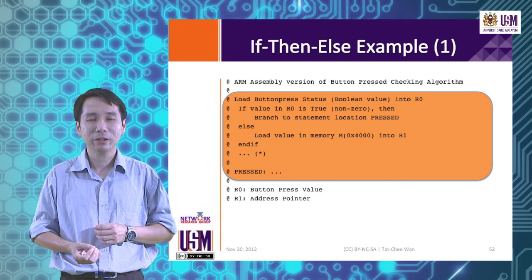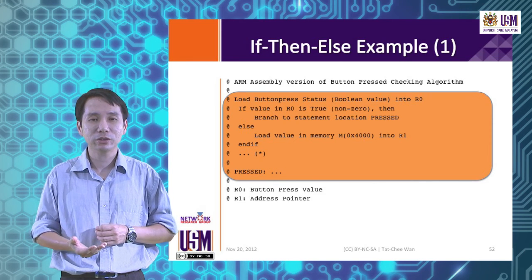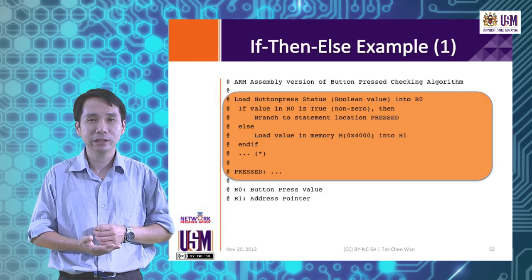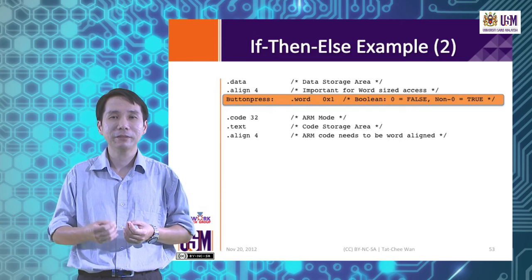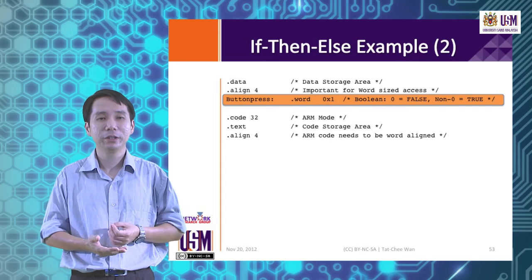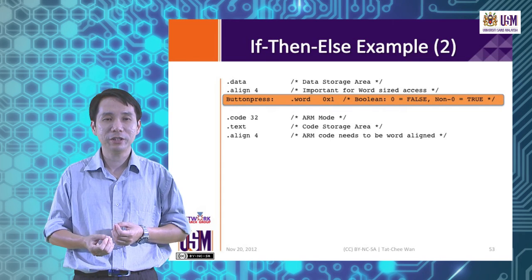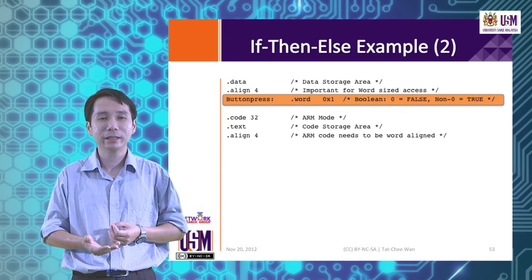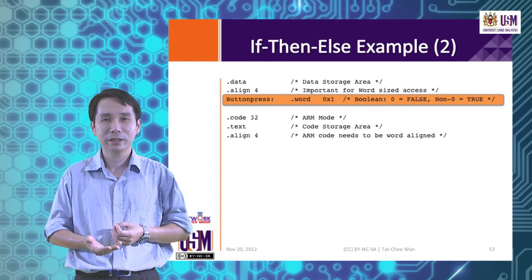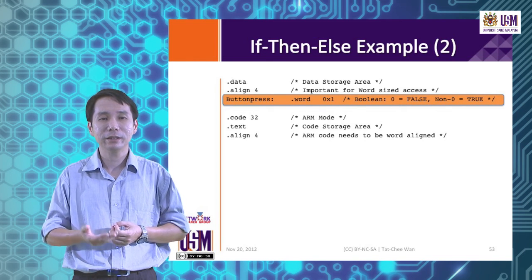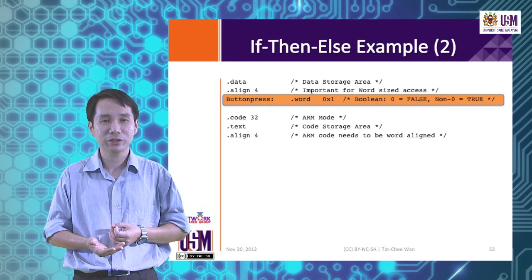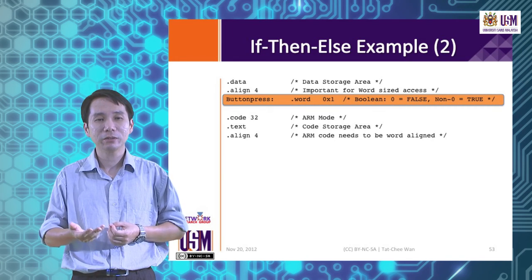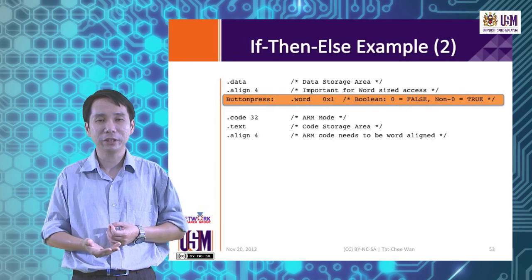Now the comments here indicate the pseudocode as we presented in the earlier slide. Here we see the definition of a variable in memory. This is achieved by using the .data statement, which is an assembly directive to indicate the allocation of memory locations. The .align 4 indicates that the data in memory should be aligned to a word boundary.